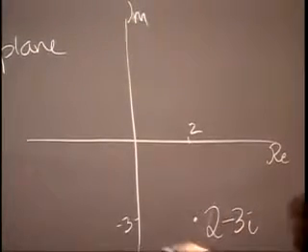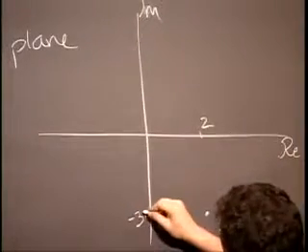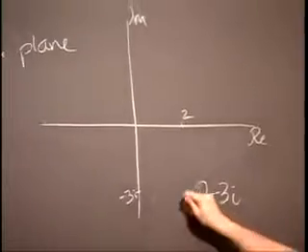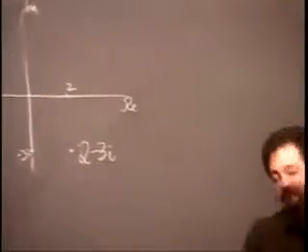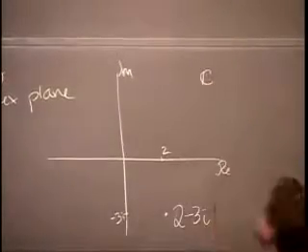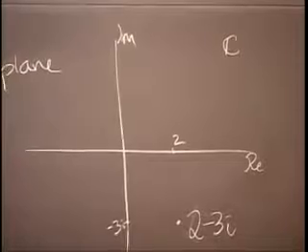In fact, this point here is not actually negative 3. It is negative 3i. That would be a better way to label it. So this point is like a point on the number line, but it's a point in the number plane. The complex numbers, as I said, are denoted by this bold C for complex.